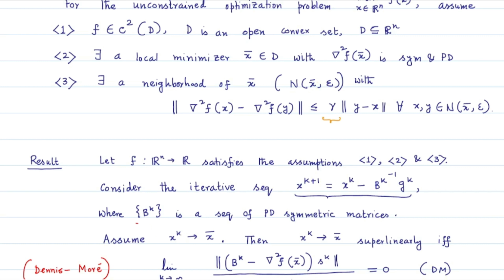So if the sequence xk converges to x bar, then obviously after a certain index number, xk lies inside this neighborhood in which the Hessian is Lipschitzian.